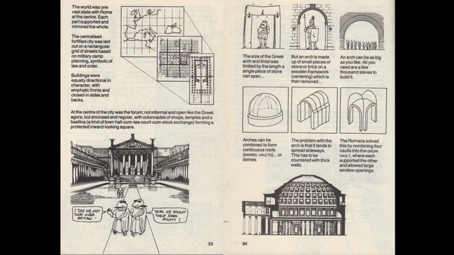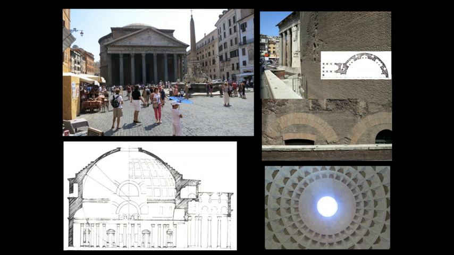And down at the bottom of the page you see an elevation of the Pantheon in Rome. It was a Roman temple, but it was one of the first Christian churches. If you look carefully, you can see that in the elevation there is a full circle, which is the geometric substance of the Pantheon.